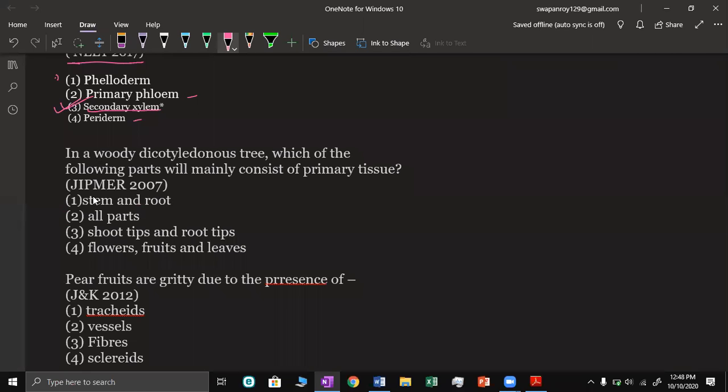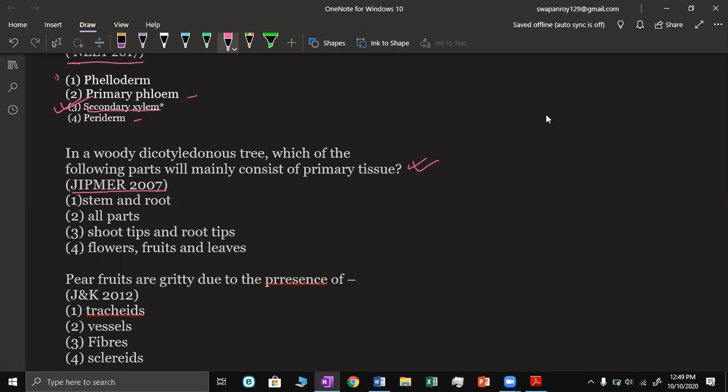This is from JIPMER 2017. In a woody dicotyledonous tree, which of the following parts will mainly consist of primary tissue? In the plant, where will we get mainly the primary tissue?